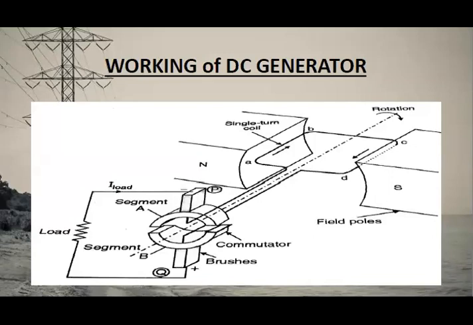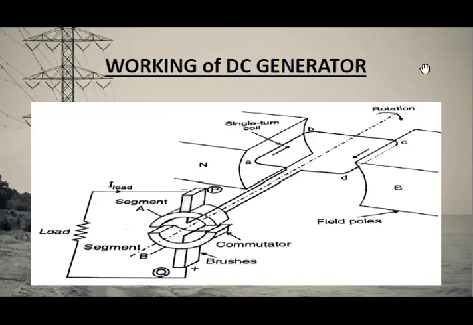The DC generator works when a conductor is located in a changing magnetic field. An electromagnetic force gets induced within the conductor. The induced EMF magnitude can be measured from the EMF equation of a generator. And if the conductor is part of a closed lane, the induced current will flow in the lane.